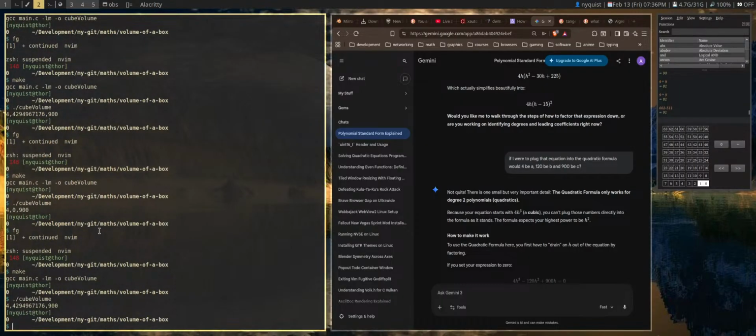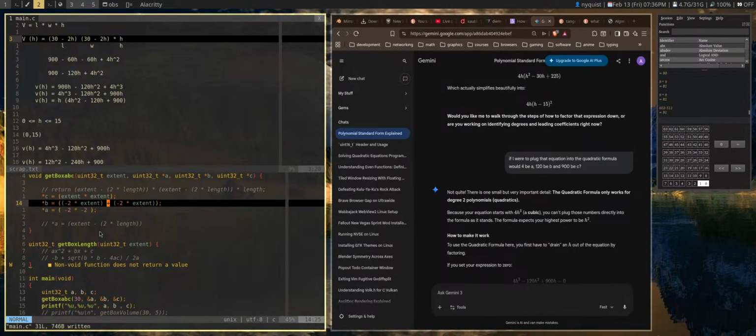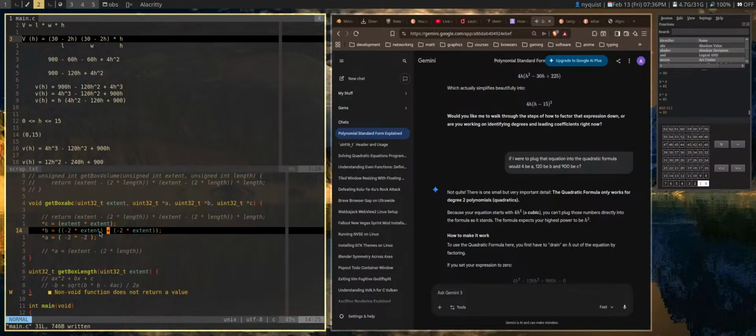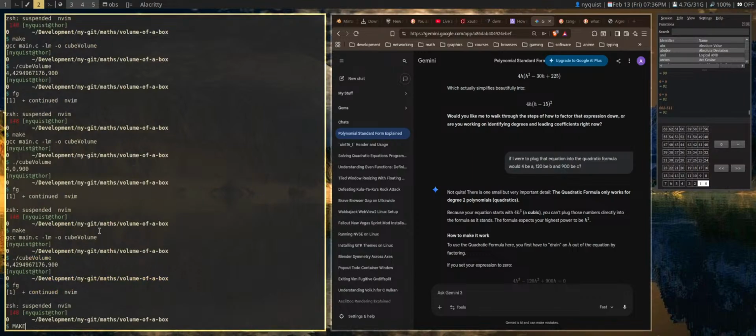It should be right, shouldn't it? Am I going beyond? No, 100. Negative 2 times 30 is 60, and then negative 2 times 30 is another negative 60. So what is going on here? We're doing something very stupid.